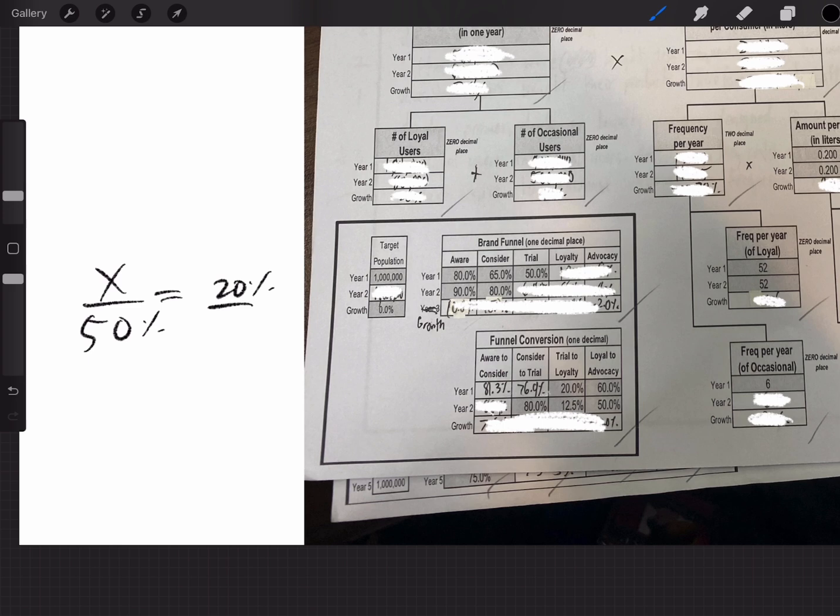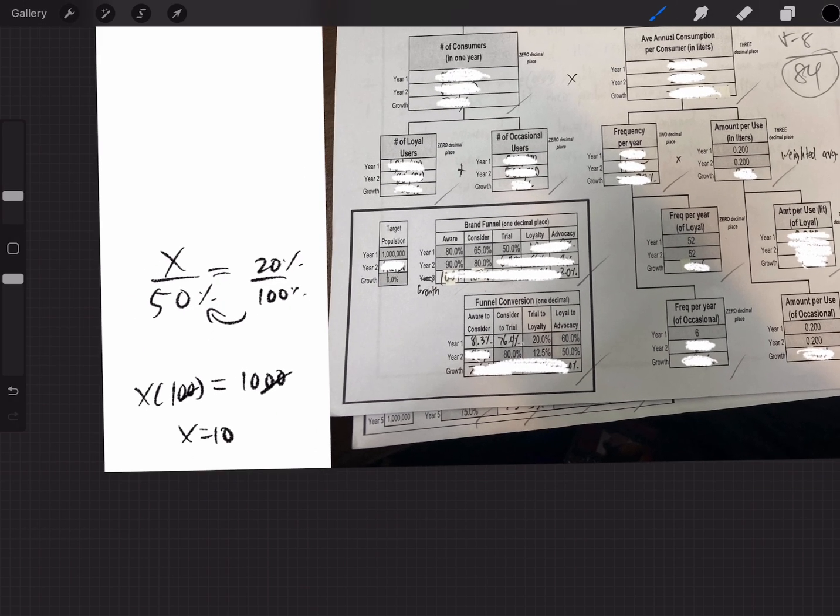So if 50 is the whole, we're going to make the corresponding 100% match the 50%. And now we just cross multiply, so X times 100 is, well, X times 100. And 50 times 20 is 1000. Cancel out the zeros, X is equal to 10. So that means our loyalty is 10%.